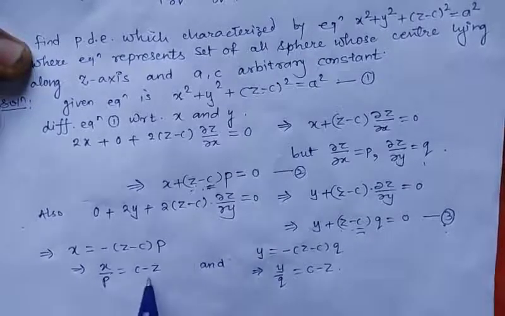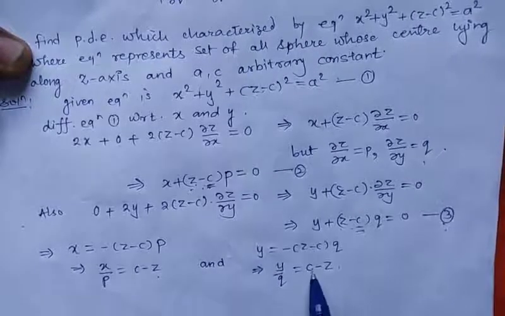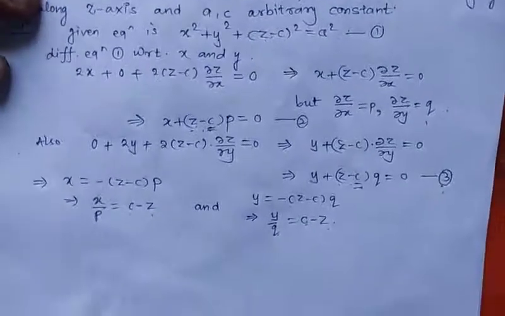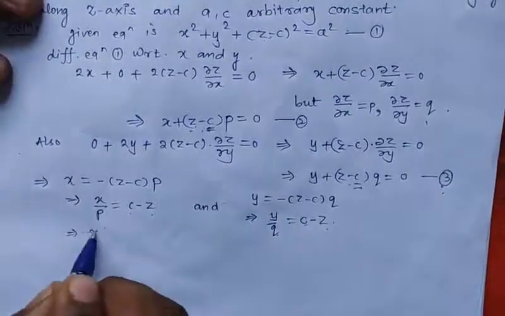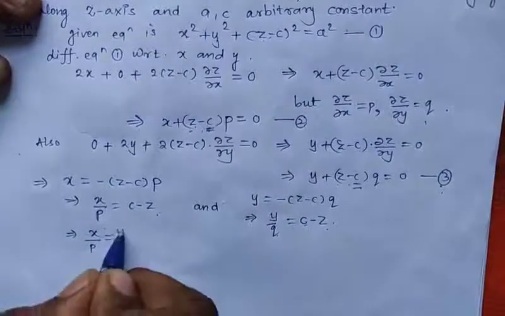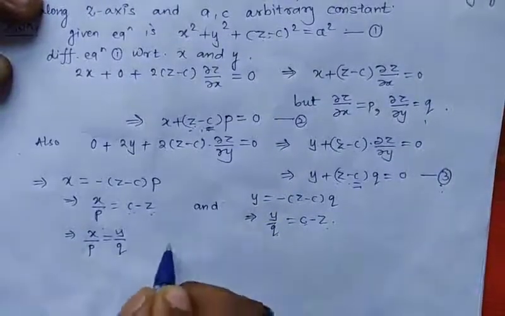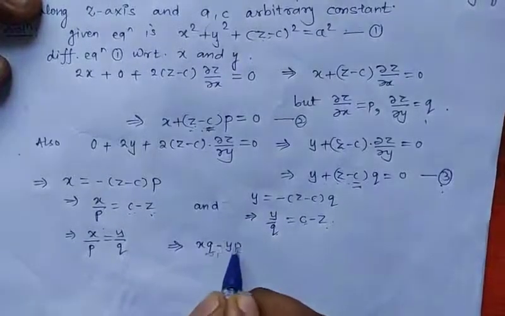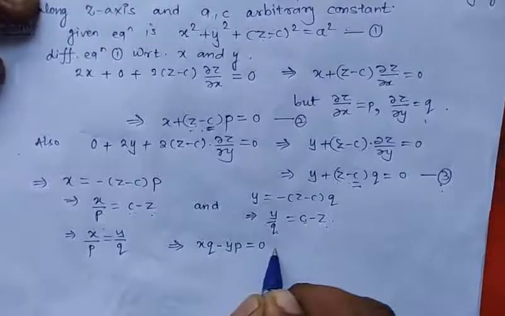So the value of c minus z is x upon p, and again c minus z is y upon q. So equating these two terms, x by p is equal to y upon q. Taking cross multiplication we get xq minus yp equal to 0, and this is the required partial differential equation.